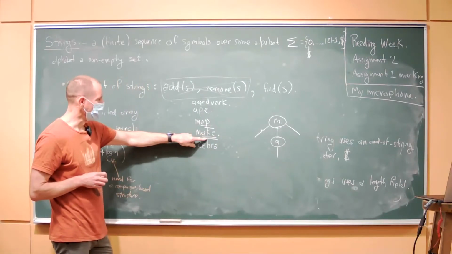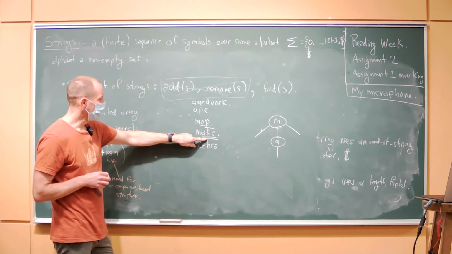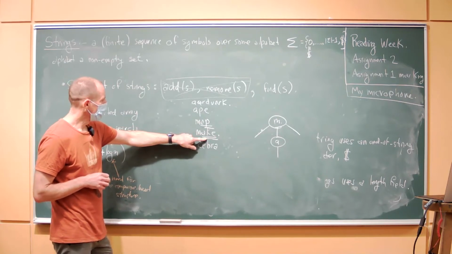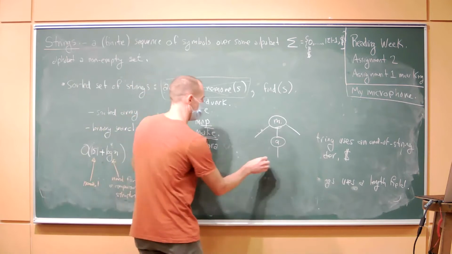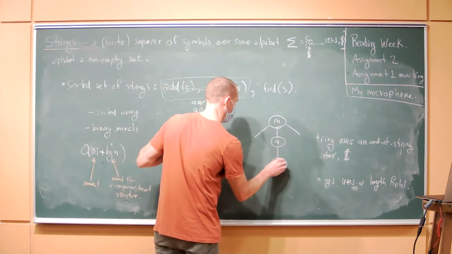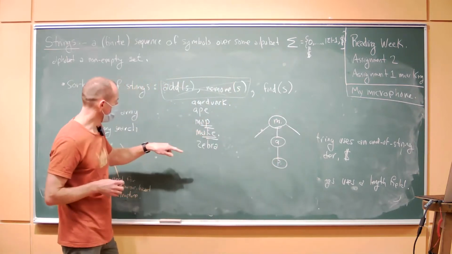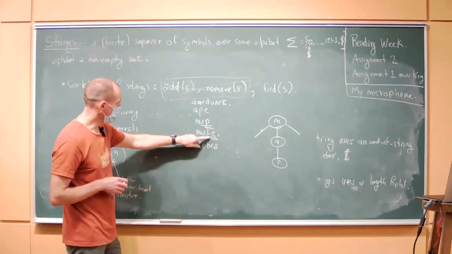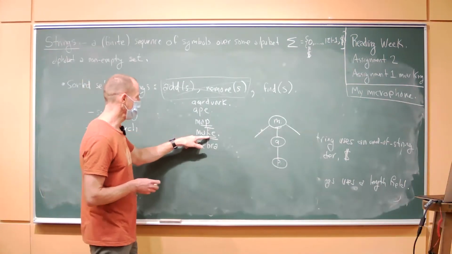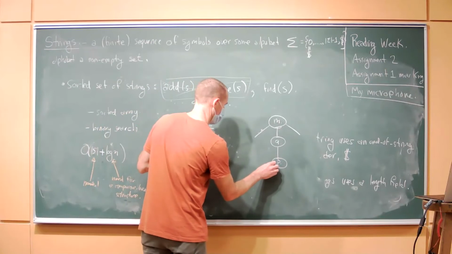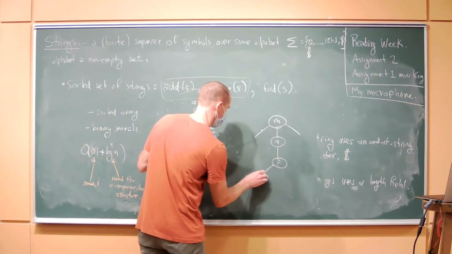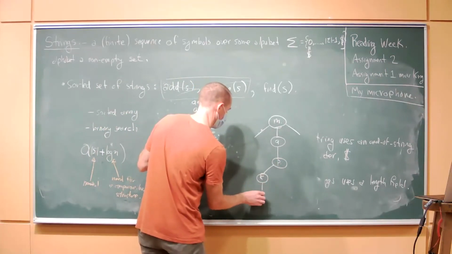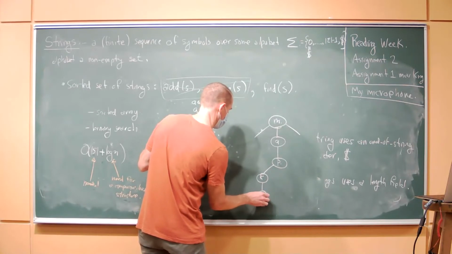We have to choose one to be the middle. Let's say P is going to be the middle. And K comes before P. So it's going to go off to the left. And then we end up with an E here.